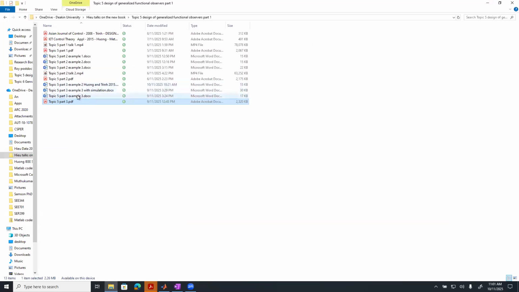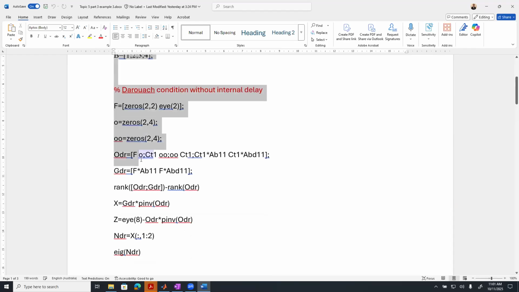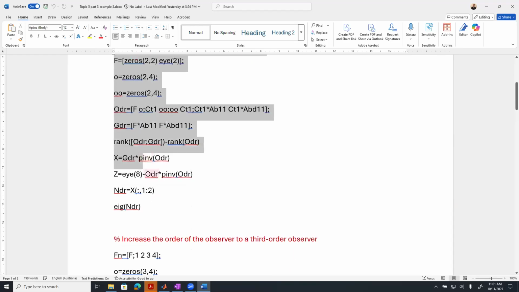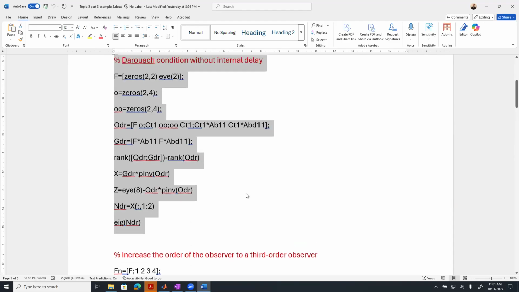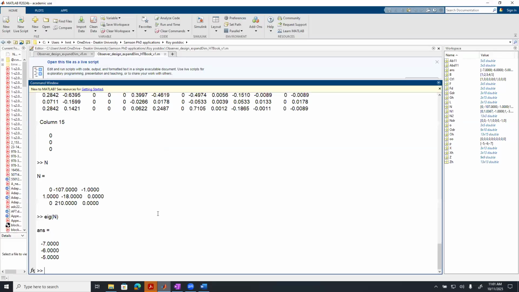All right, so here is what I would like to show in the coding, where we look at example 3. We pick the matrices A, B, C, D, and then we apply the conditions in this reference, where we are looking for a second order observer without internal delay to estimate the two unmeasurable variables, 3 and 4, instantaneously.